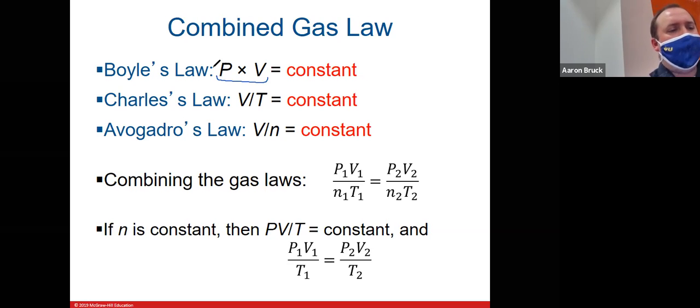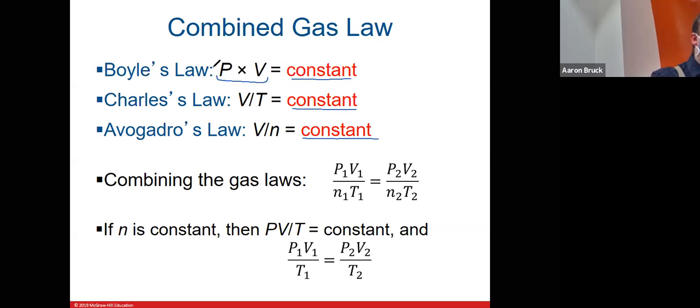inversely related, which means that P times V is going to give us some constant value. We know that for Charles' law, the volume divided by the temperature also gives us a constant value. From Avogadro's law, we know that the volume divided by the amount of gas gives us a constant value as well.